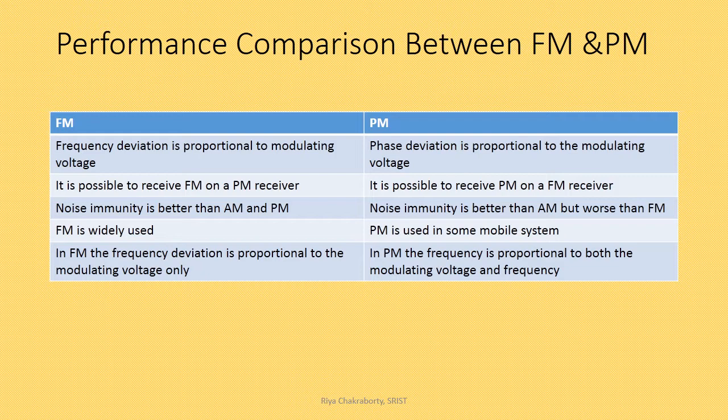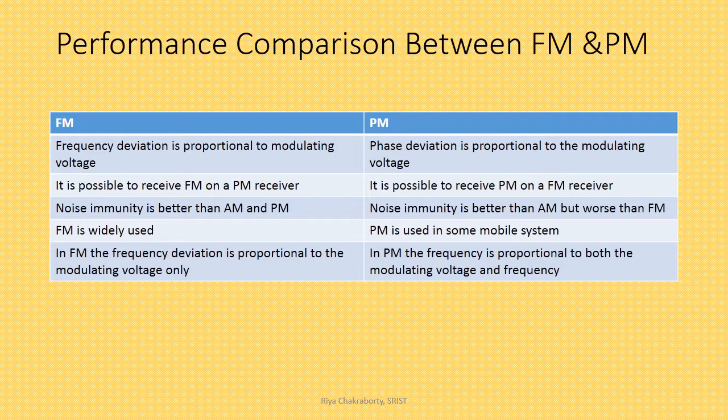In FM, it is possible to receive FM on a PM receiver, and in PM, it is possible to receive PM on an FM receiver. In FM, noise immunity is better than AM and PM, and in PM, noise immunity is better than AM but worse than FM.